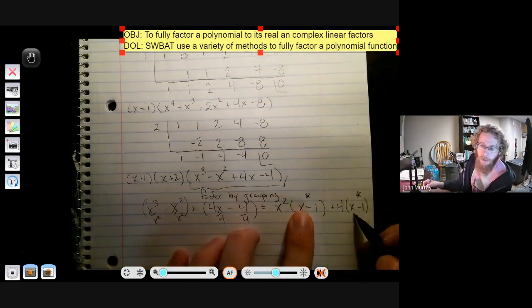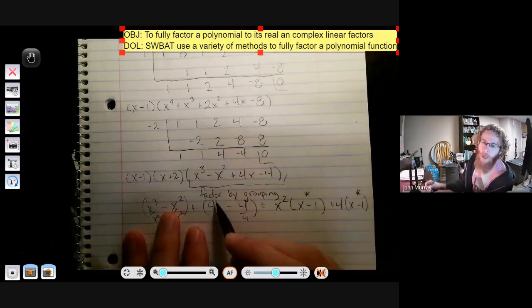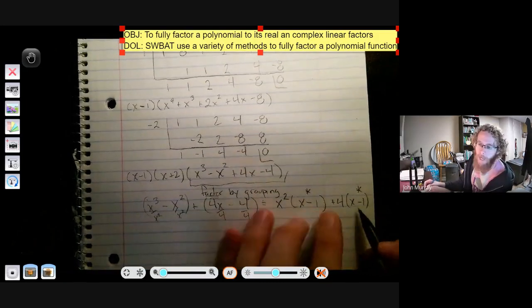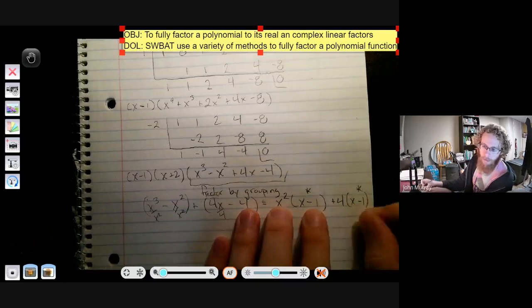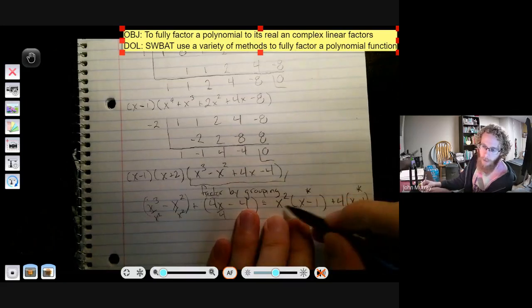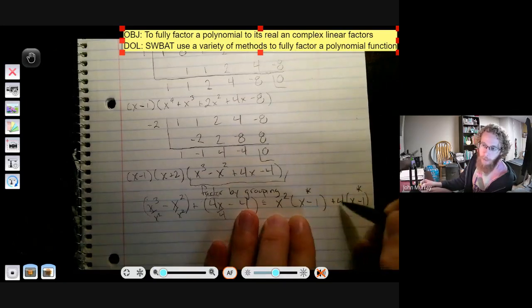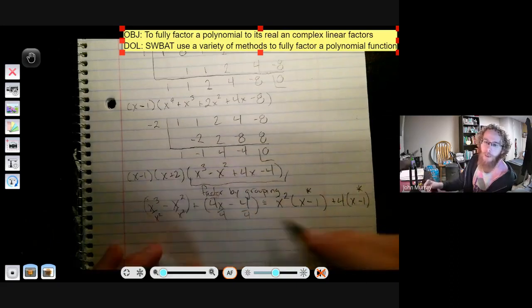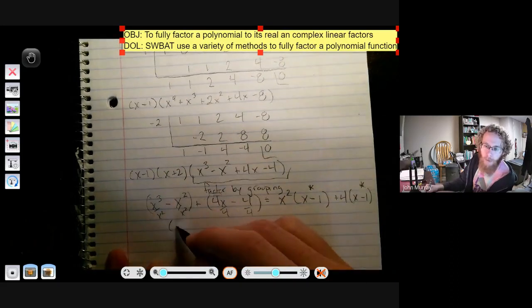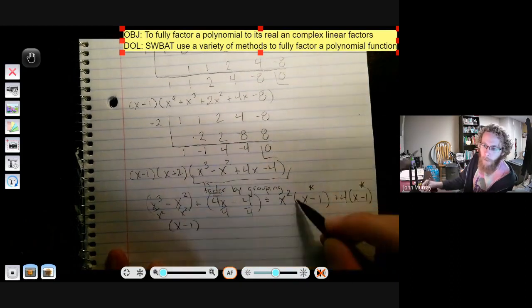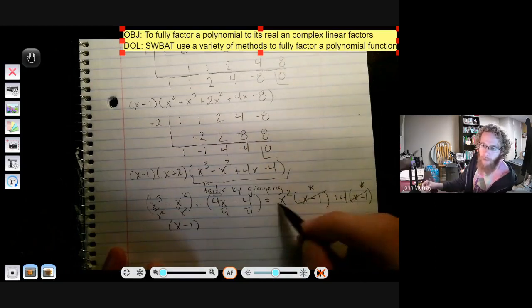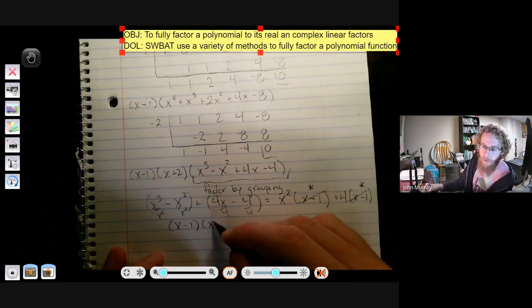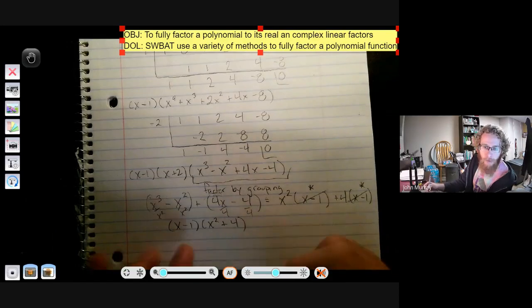So that's good. So now I factor again because this would be like x squared times y plus 4 times y. So I can pull that out from both, right? And when I remove that, what do we have left over? We have left over x squared plus 4.